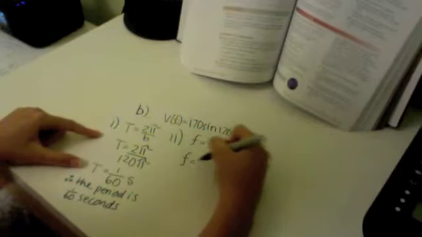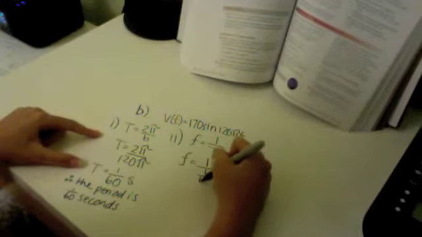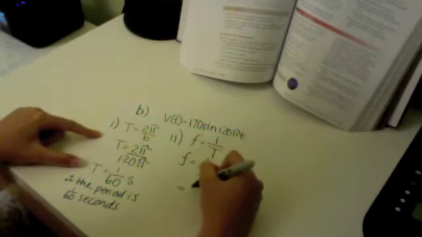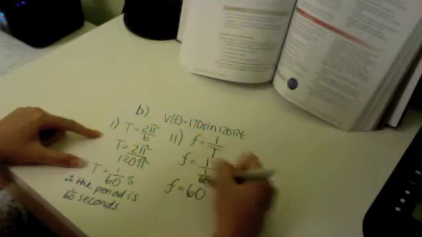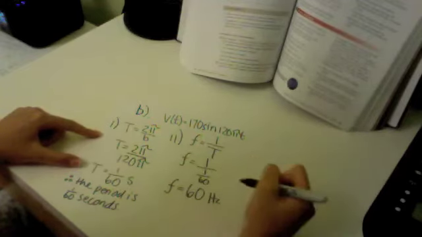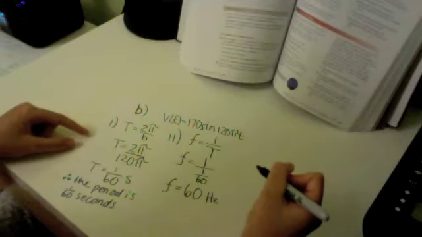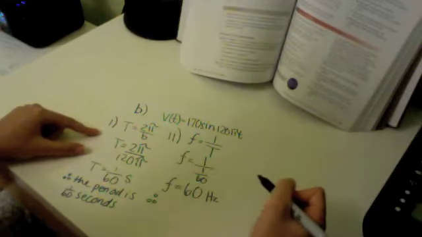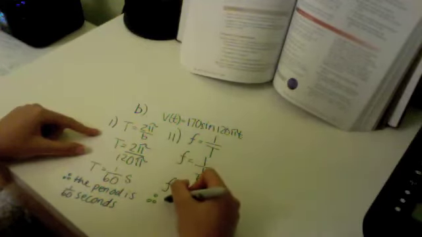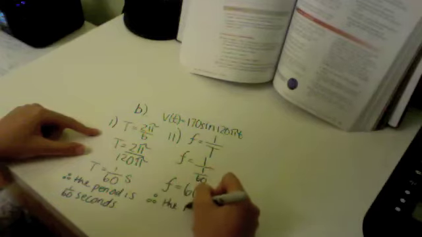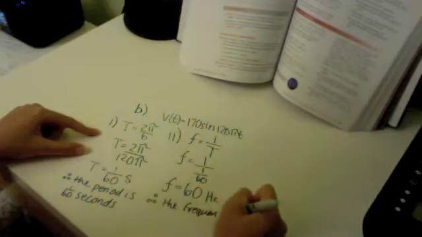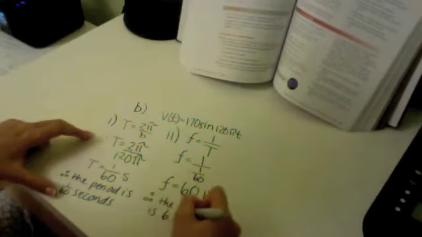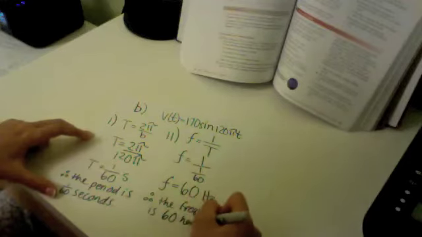So f equals 1 over 1 over 60, which really just equals 60 hertz. So therefore the frequency is 60 hertz.